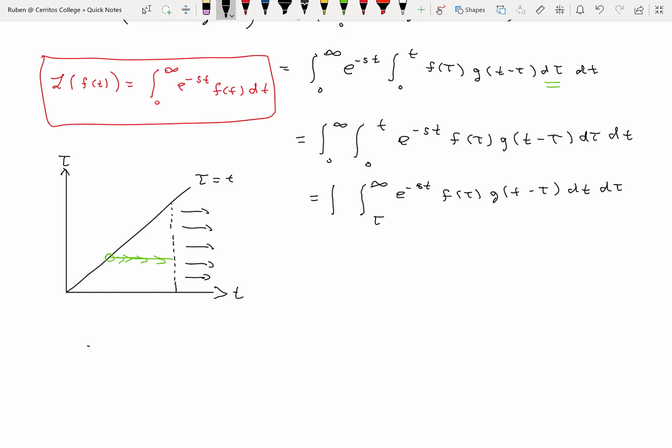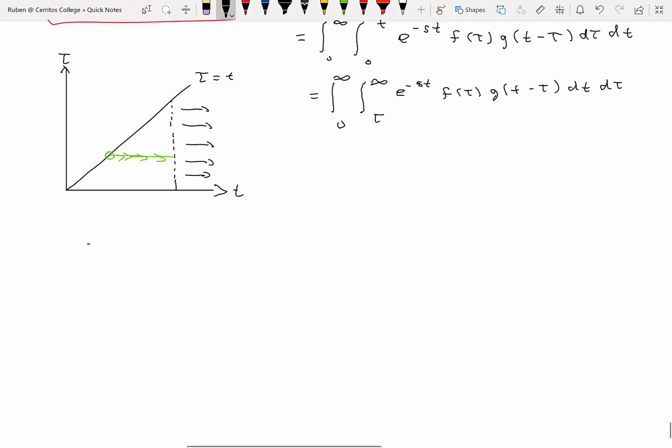And finally, what are the limits on tau? If I let that little vertical line shoot off to infinity, I get a huge triangle, and the limits on tau of that triangle are 0 to infinity. Okay, so when we do that, effectively we've done this.